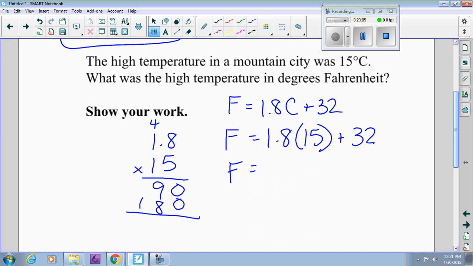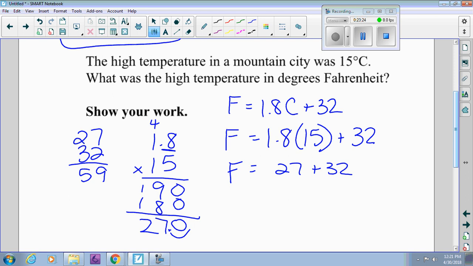All right. 9, 0, 8. Yep. So 0, 17. You have 1 decimal spot here, so move this in 1, 2. You're going to have 27 plus 32. Just go ahead and add those together. So 59. The Fahrenheit temperature is going to be 59 degrees.